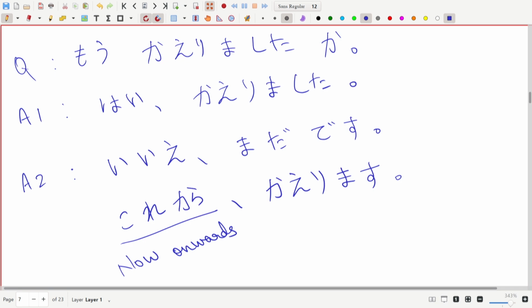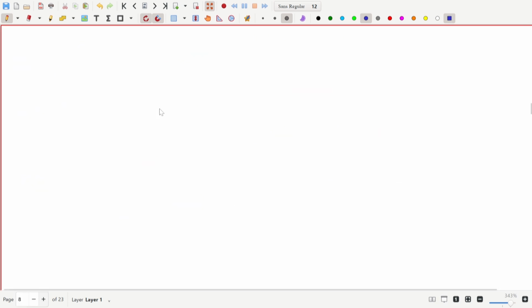So this is how we use the pattern mo and mada. Any question you are putting forward, have you done this, have you slept, have you read, and the reply could be yes, "hai, shimashita," I have done. Or you can say "iie mada desu," no, not yet.